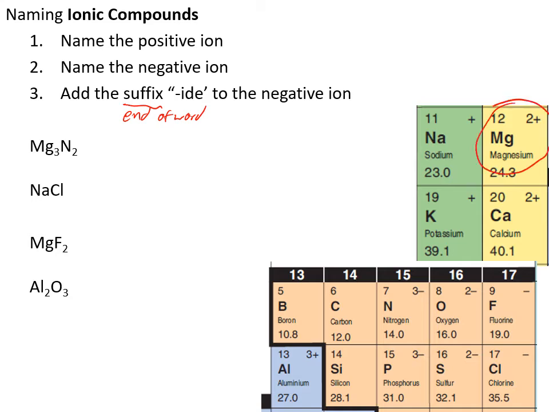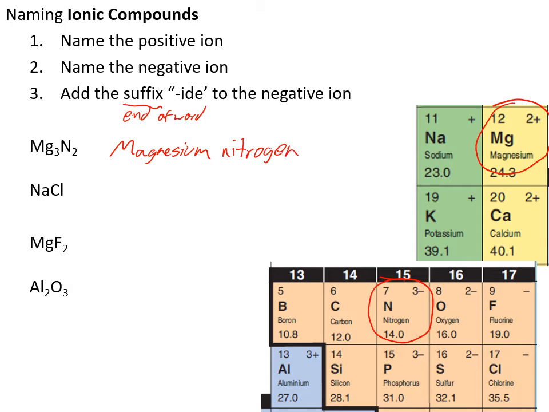I look up Mg on my periodic table, and I've taken a slice of the periodic table right here. So here's Mg. I name the positive ion first. Mg is the positive ion, so I'm just going to write magnesium. Then I take the negative ion next, and I look it up, and N is nitrogen, so I'm going to write nitrogen. So I've done steps 1 and 2 for this one.